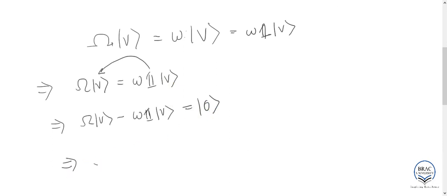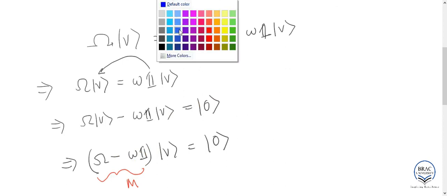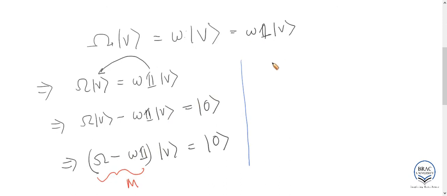Then you can factor out this ket v, and let's call this thing M. That is the matrix omega minus the identity matrix times the scalar small omega, and let's call this whole matrix M. So ultimately what you will have is M, you will have a v, and on the right side you will have a 0 vector.